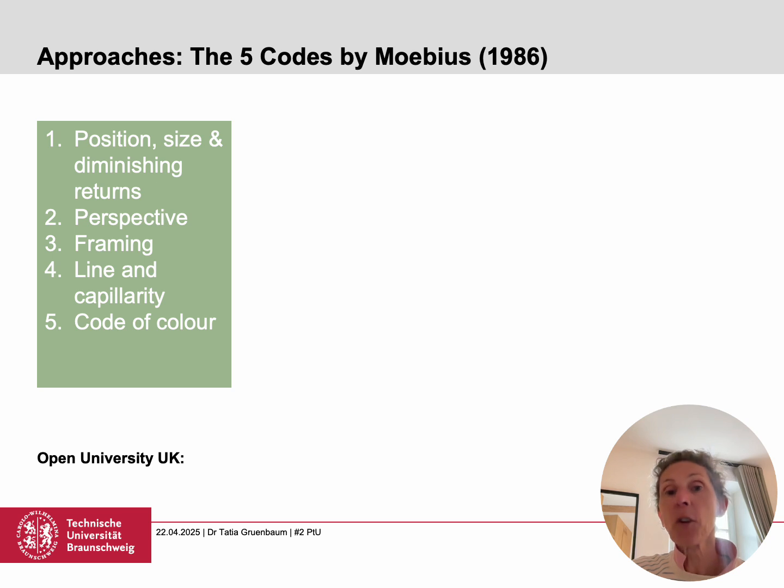He also looks at the code of perspective, which includes elements such as the horizon in the picture and general expressions of depth. And he says, for example, that the absence of a horizon indicates danger. Characters in two-dimensional spaces offer less room for imagination compared to the ones in three-dimensional spaces.